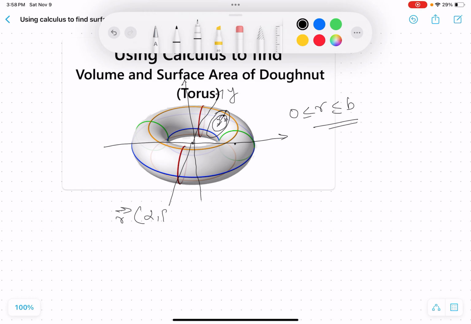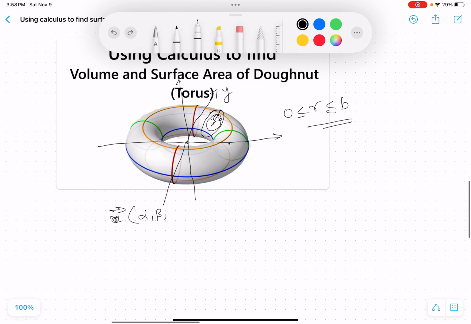Now it seems like there are two r's and that can be confusing. Let me just say position vector with alpha, beta and r.